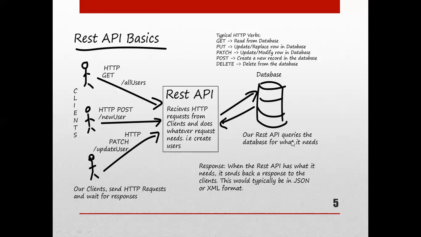Here our REST API queries the database for that HTTP request. Then, when the REST API has what it needs, it sends back a response to the clients. This would typically be in JSON or XML format. That is the response to the client.